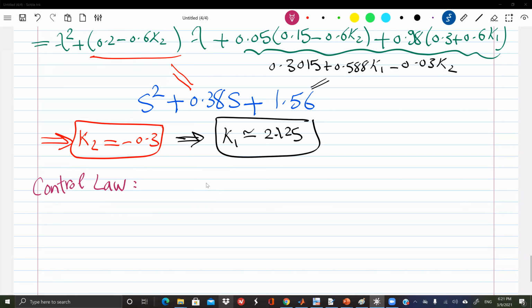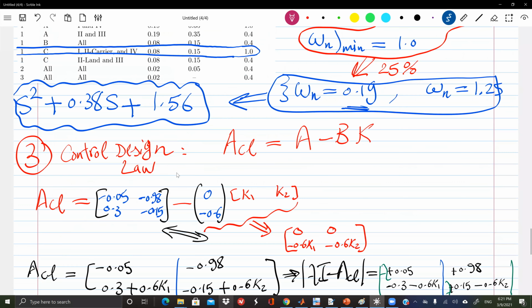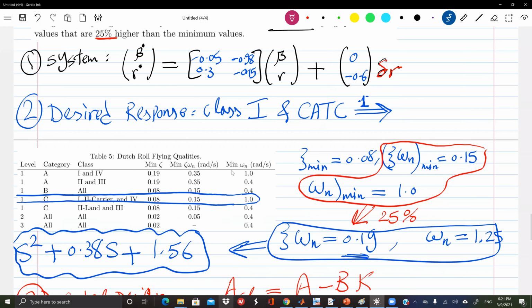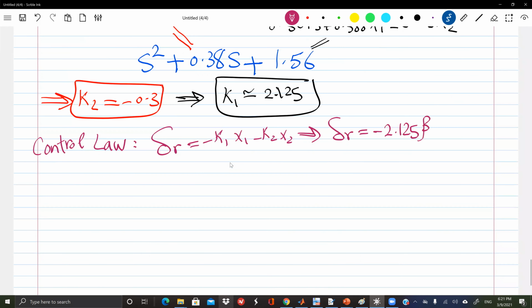Delta rudder. Delta rudder is negative K1 X1, negative K2 X2. So let's substitute. Delta rudder is negative. My K1 is 2.125 times my first state. What is my first state here? Beta. So beta, and minus again, so this is plus, the second state. This is my control law.